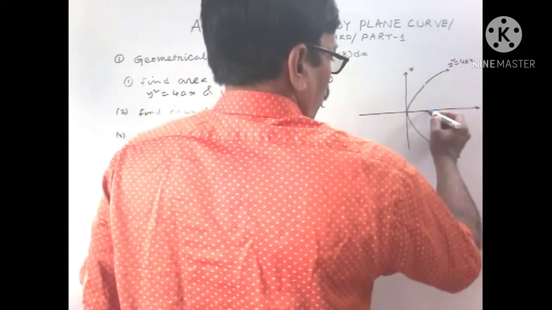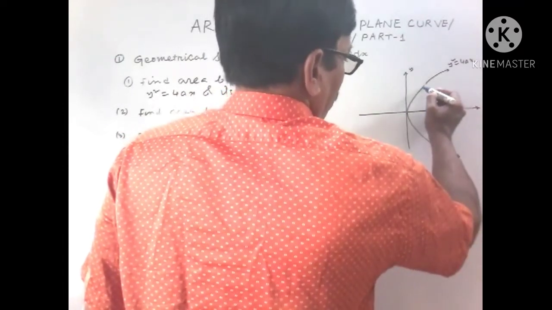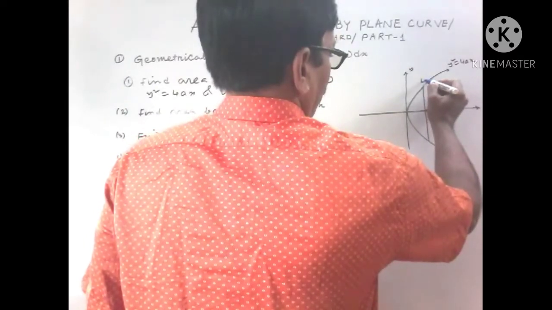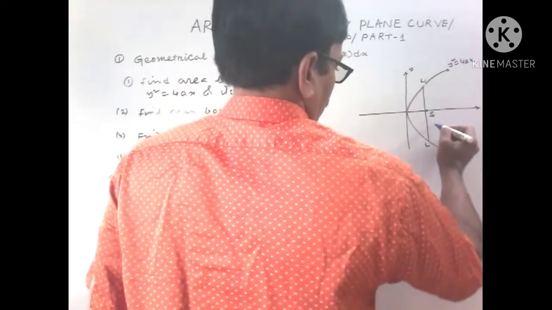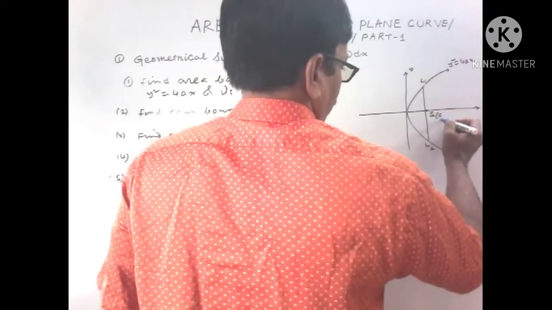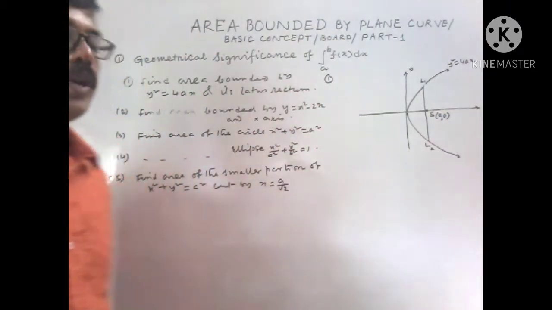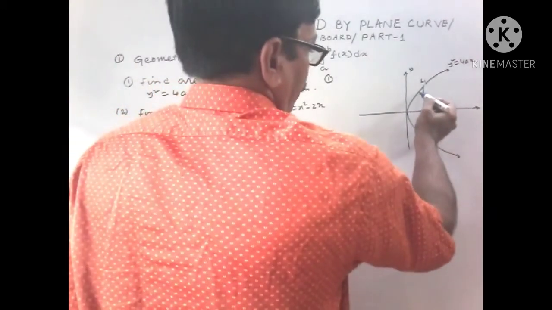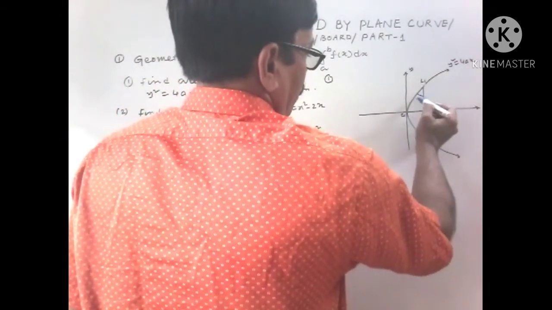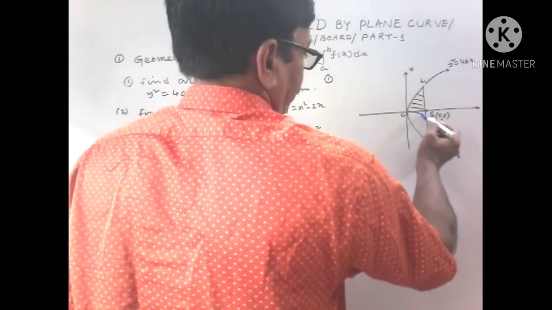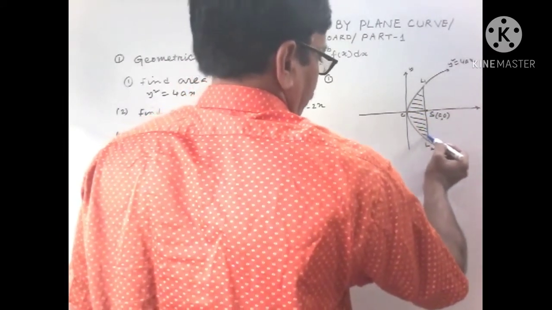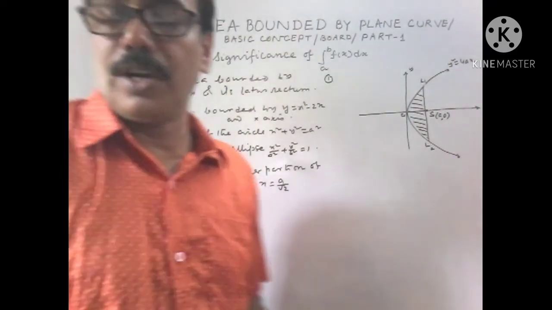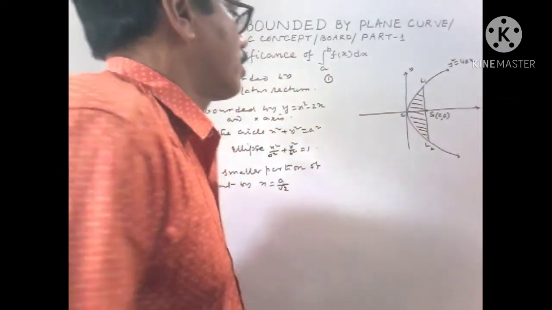Now the latus rectum passing through the focus and perpendicular to the axis, L1, L2. So this is A0. So the area bounded by the parabola and the latus rectum is this portion. But we know the area bounded by 2 ordinates and the x-axis.